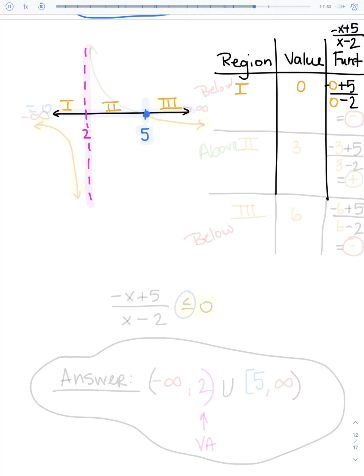Well, if you have a positive on the top and a negative on the bottom, what do you end up with? Well, positive divided by a negative is a negative. So what does that mean about this first region if it ends up being negative is that it will be below the x-axis. Again, the x-axis is your number line.